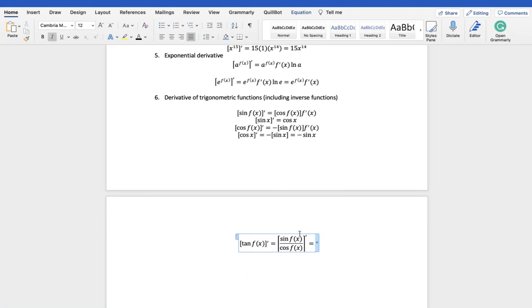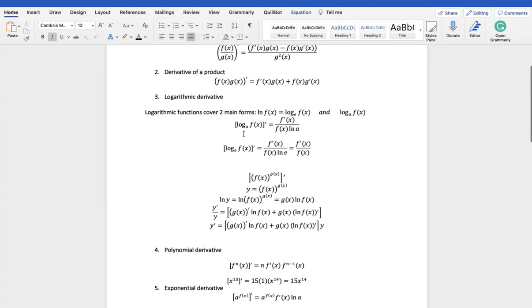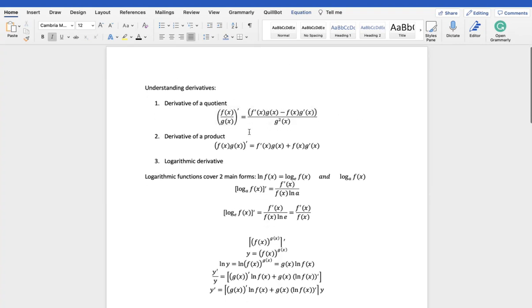And obviously, if you look at this, you have the quotient of two functions, so you can refer back to the quotient rule.